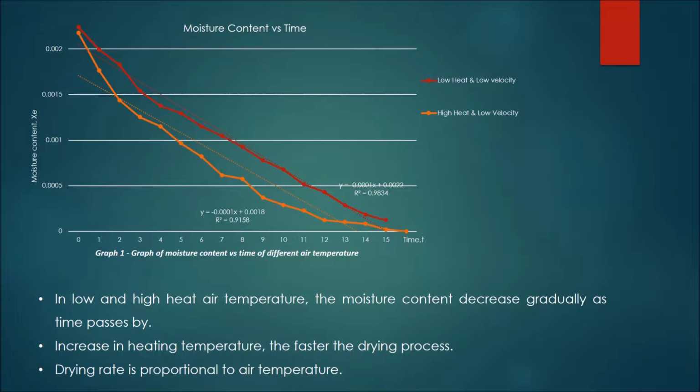Other than that, we can also conclude that higher heat supply is more efficient for the drying process, as we can observe from the graph below. The moisture content of high heat supply reaches zero moisture content faster than the low heat supply. This statement comports with the drying theory, in which drying rate is proportional to the air temperature, which in this case is controlled by the heat supply.